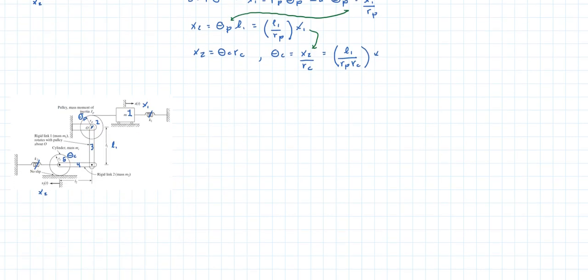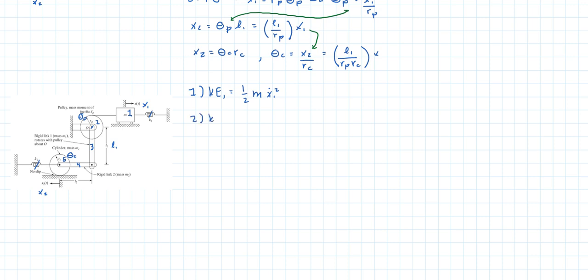Okay, so kinetic energy 1, that's the kinetic energy of the mass. Well, that's simply equal to 1/2 times the mass, m, times x dot sub 1 squared. It's easy enough.